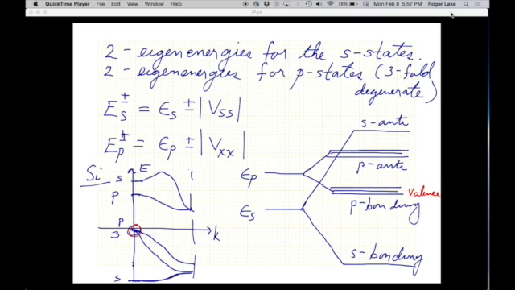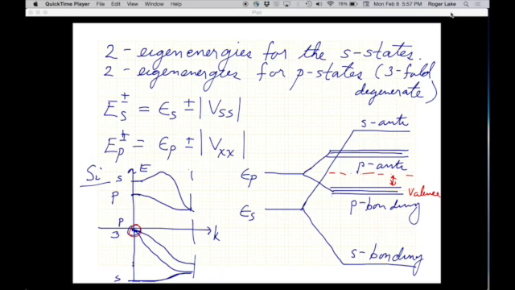And you'd have this s antibonding state right in here, and then this would be your band gap for like gallium arsenide. But for silicon, that gets pushed up above the p antibonding states, and it's just a matter of the strength of the various matrix elements and how these levels get ordered finally.